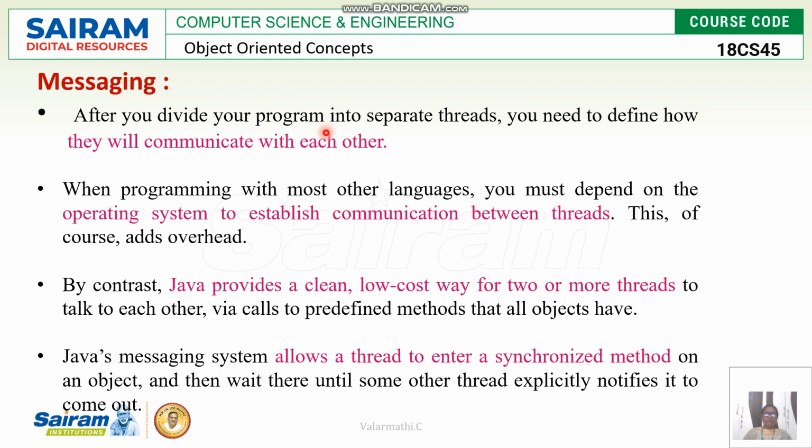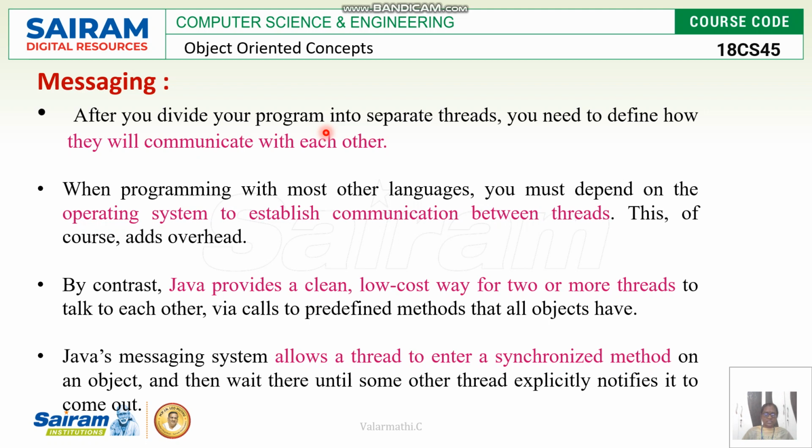Mainly the purpose of creating these messaging systems between the threads is to establish proper communication between threads. As an operating system interacts with the Java language, we need a proper communication channel to establish the communication between the threads.